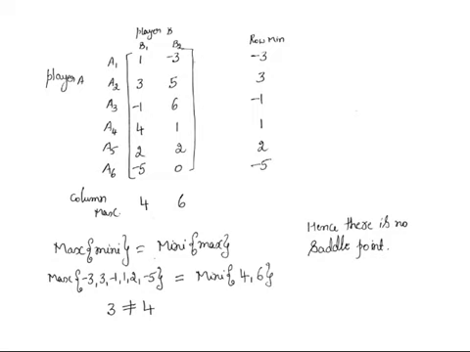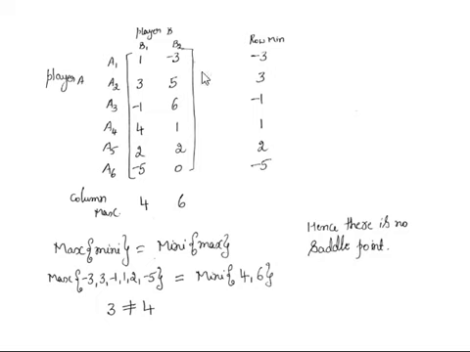So first, before going for the graphical method, we tried to find out whether a saddle point exists or not. We know the procedure for finding a saddle point. For each row, that is A1, A2, A3, A4, A5, A6, we need to find the minimum value.